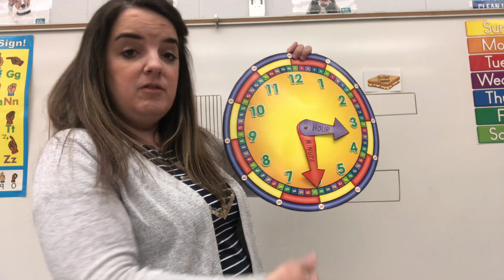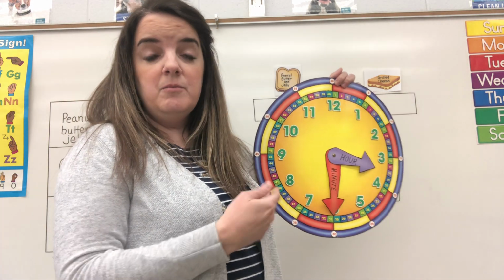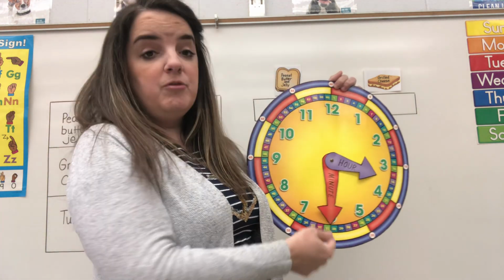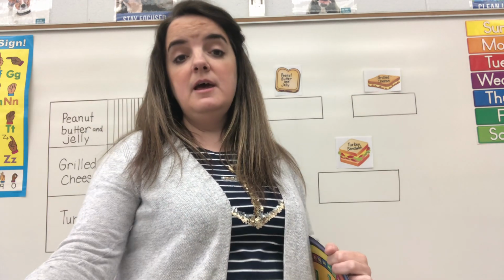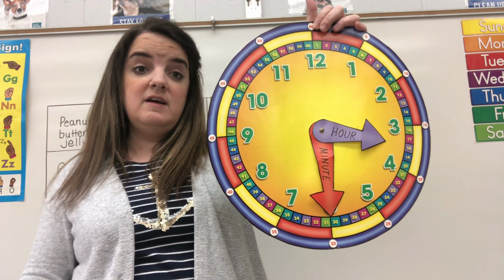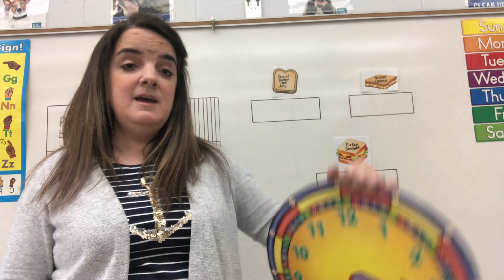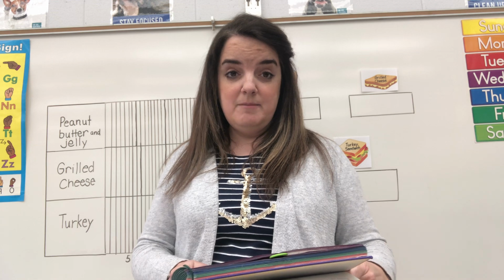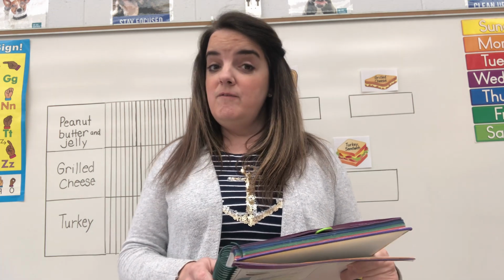So you will need to find the clock on the first row that says 3:30, because our original time was 3 o'clock, and we need to find a clock that is a half hour later, which would be 3:30. So look at your paper and figure out which clock matches this clock that Miss Williams is holding. That says 3:30. Okay?